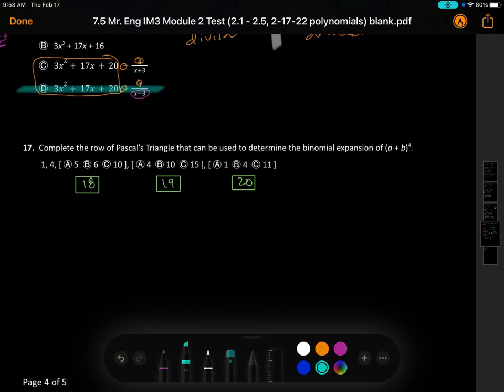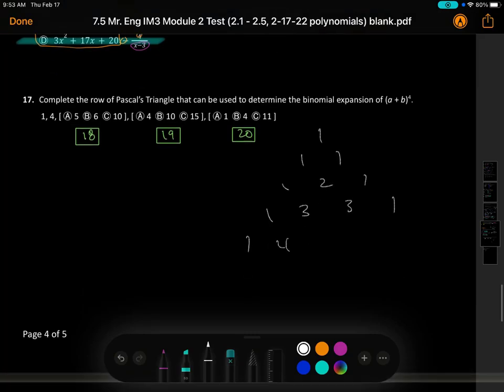Question number 17, complete the row of Pascal's triangle that we used to determine the expression a plus b to the 4th power. Well, you could just quickly make one. Add those two numbers, add those two. You have 4, 6, 4, and 1, and then keep adding.